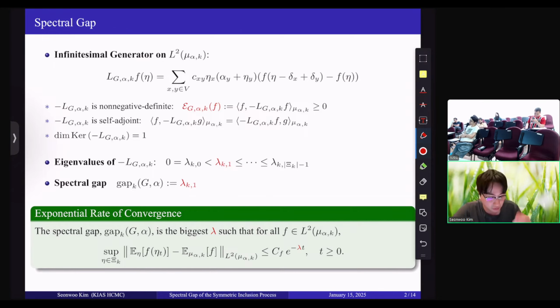If you choose any observable f and analyze it at time t, and compare it with the stationary observable in some L2 sense, then this is always bounded by some constant times exponential of minus lambda t. This optimal lambda is the spectral gap. This kind of result can be found in many particle system papers, for example on hydrodynamic limits, mixing time estimates, and of course many metastability results.